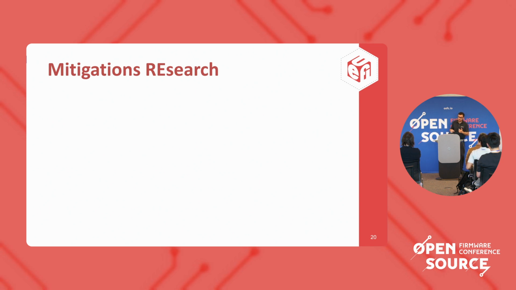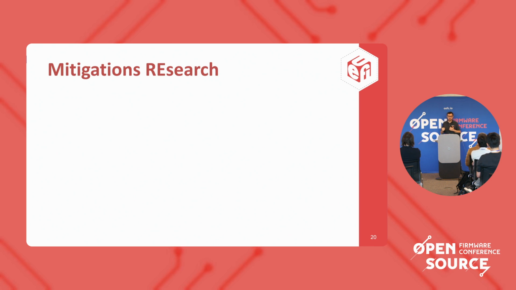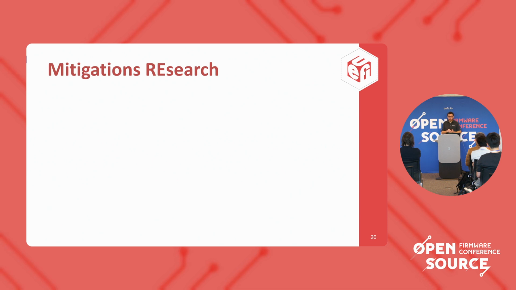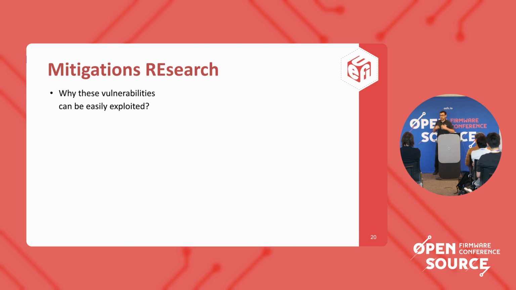And most of these findings do actually come with a proof of concept. So this means that they come with an exploit for that bug. And what makes these exploits and this vulnerability easy to be written and to be exploited, right?